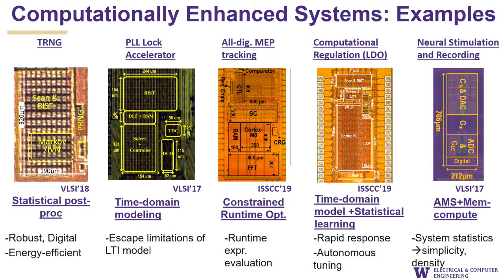How do we manage this constrained optimization problem? It was, until this work, an open problem. And relying on computing and on very simple models that are executed at runtime, you can basically perform runtime evaluation and minimum energy tracking. We've also used it in low latency loops.